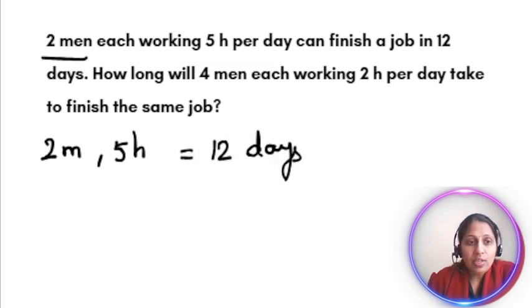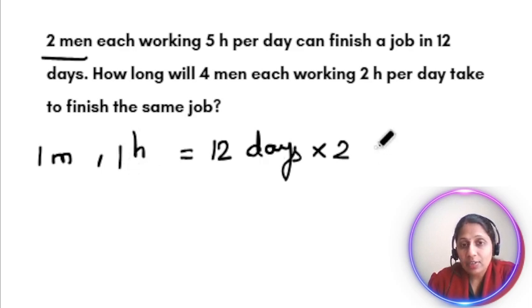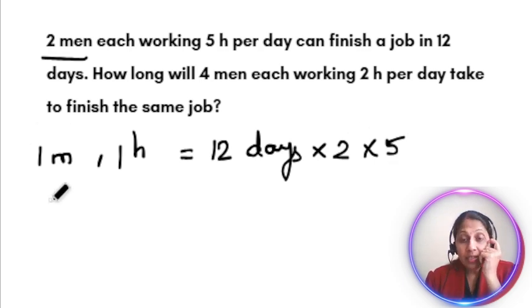Okay. So now let's rewrite it. How much can one man do? Then it will double here, right? And how much for 1 hour? We'll strike out. We put for 1 hour. Again, here it will double. 5, right? So 1 man in 1 hour will take this many number of days.